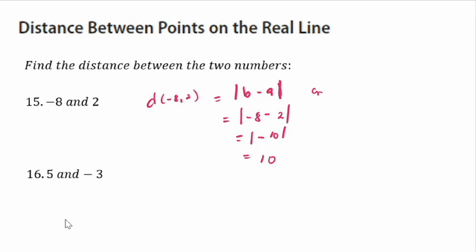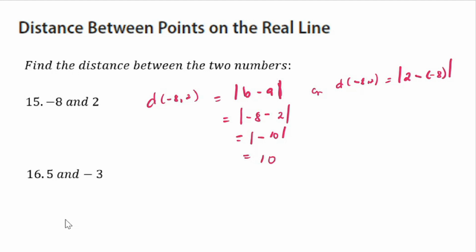Or you can do it like this. The distance between negative 8 and 2 is just the same if we use the commutative property, so let us start writing first with A as 2 minus negative 8. They are just the same.